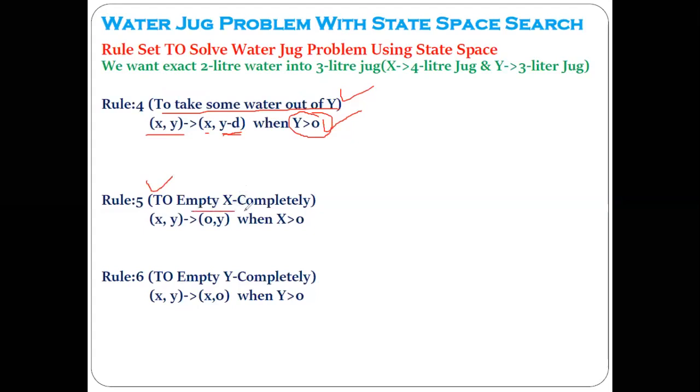Now if you want to perform the operation to empty the X completely, what do you have to do? Empty X completely. When can you empty the X completely? When there is some water in the X, yes or no? Correct or not?